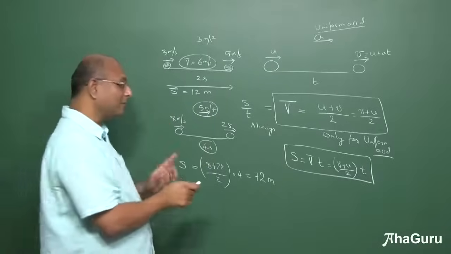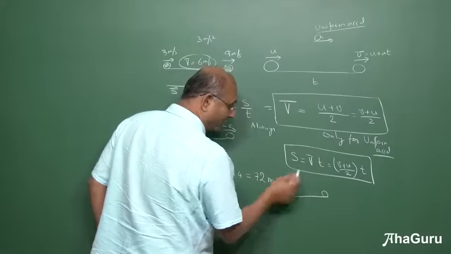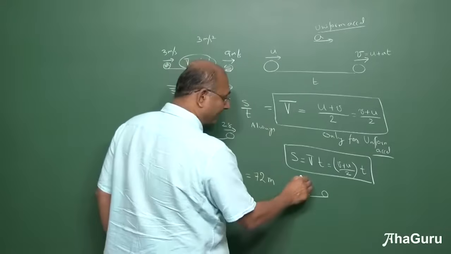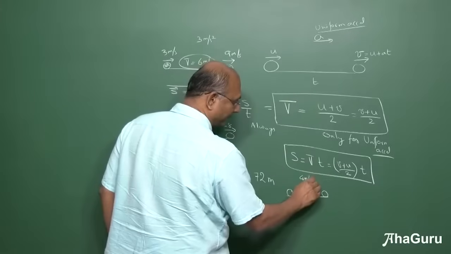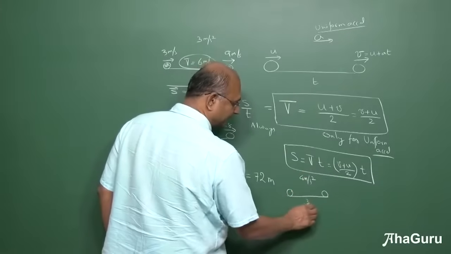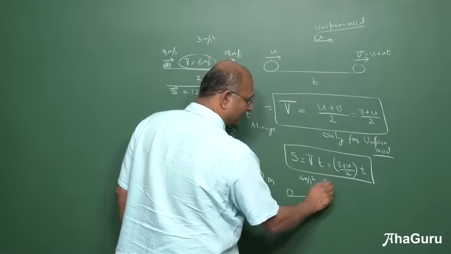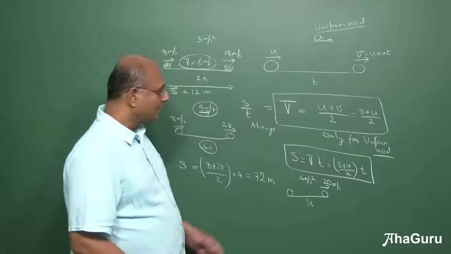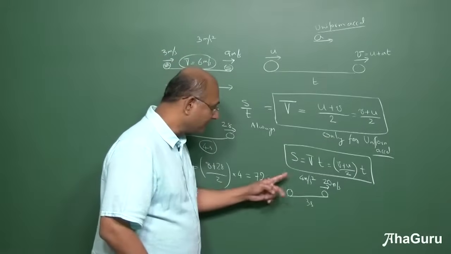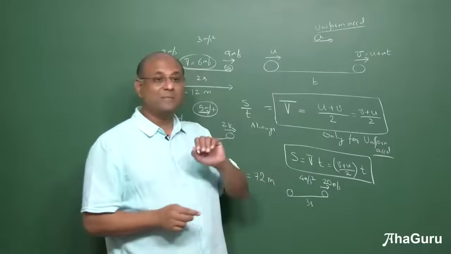Let us take another example. Now suppose I don't know what the initial velocity is, but I know that acceleration was 4 meters per second square for 3 seconds, and I know my final velocity is 20 meters per second. What is my initial velocity? 4 into 3, 12. So something plus 12 must give me 20.